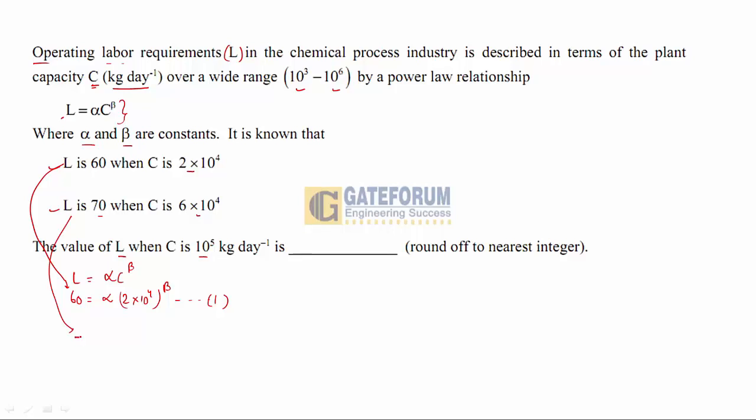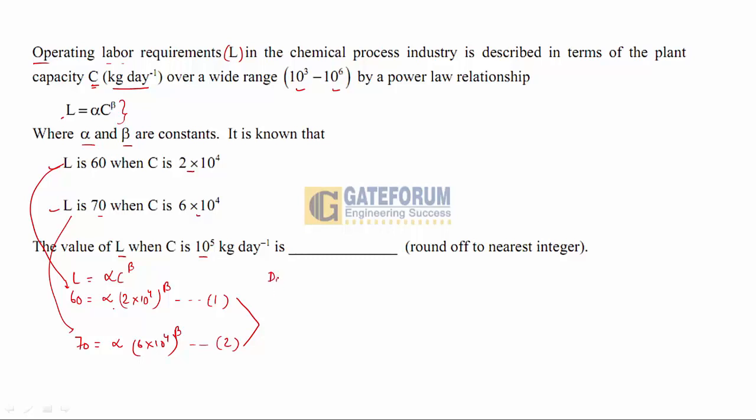L is how much? 70. Again, alpha, how much is C? 6 into 10 to the power 4, to the power beta. This is our 2. So from these two equations, we have two variables here, alpha and beta. Two variables, two equations, this can be solved. So we'll solve these two equations to get the value of alpha and beta.